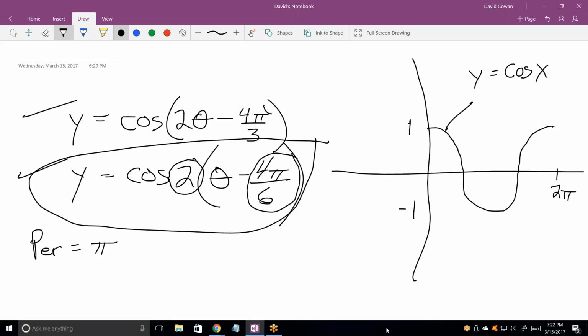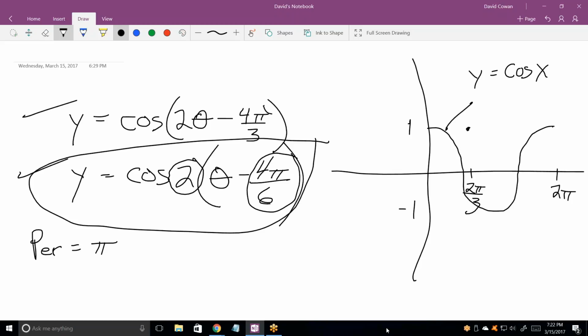Well, let's see. That's about there. Because this is pi over 2. So 2 pi over 3, I'm just guessing it's there. It's not vital that I put it in exactly the right spot for our purposes here. This is where I'm going to start the function.